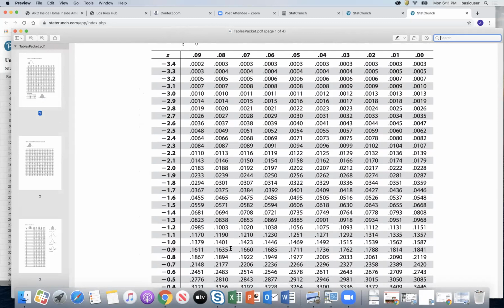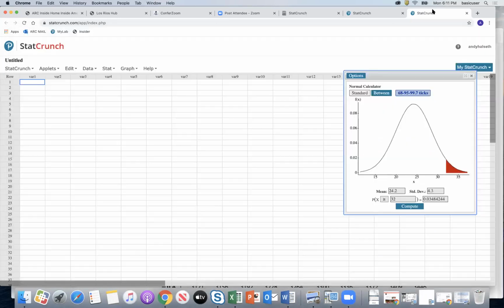So the area, the percentage is 0.1635, right? If I'm not confident with that, I can double check it with my StatCrunch, less than 20, okay? 0.1643 is what I get for that.